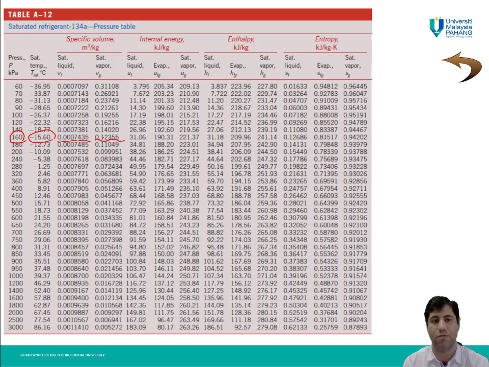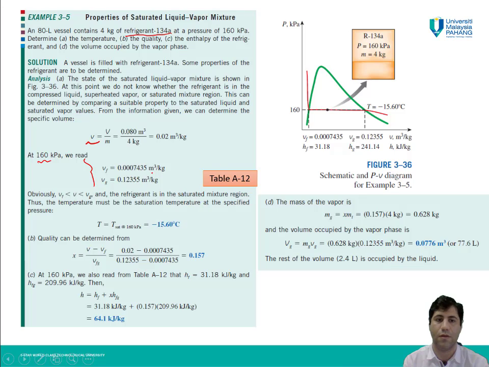So we just should record these two values, and go back to the question. The V which we have calculated is 0.02, and you can see here Vg is 0.12 something, and Vf is just much lower than 0.02. So this V is between these two.